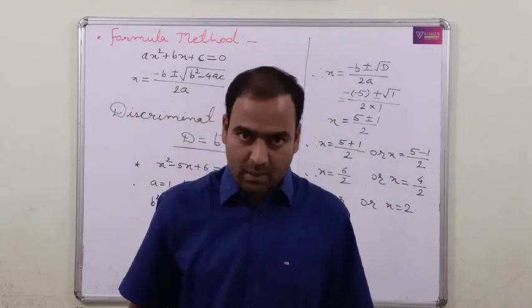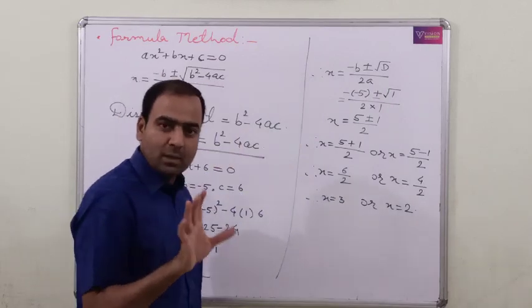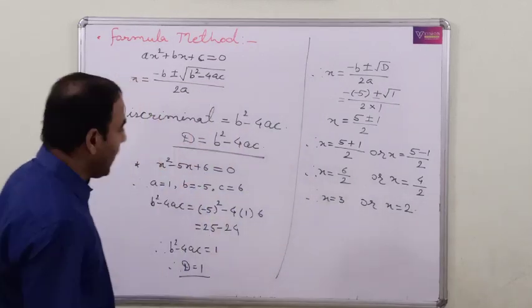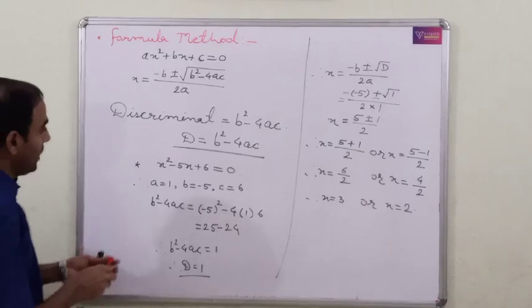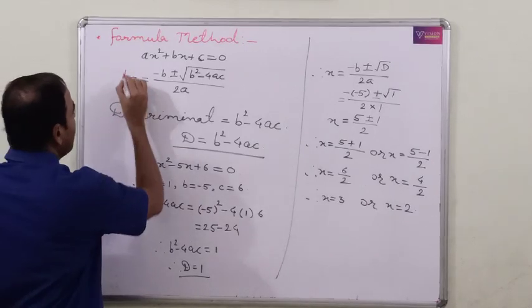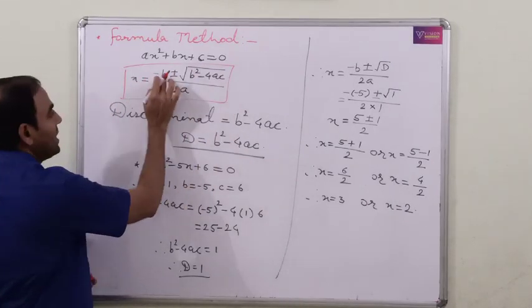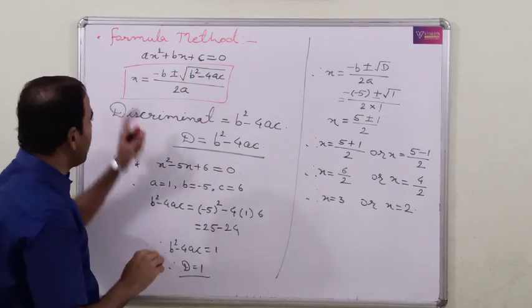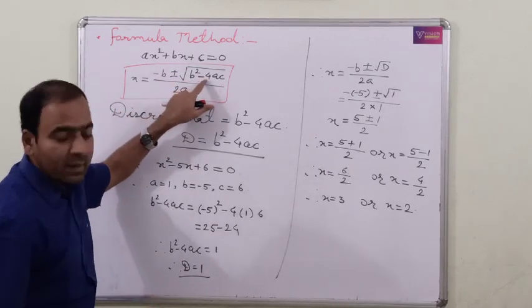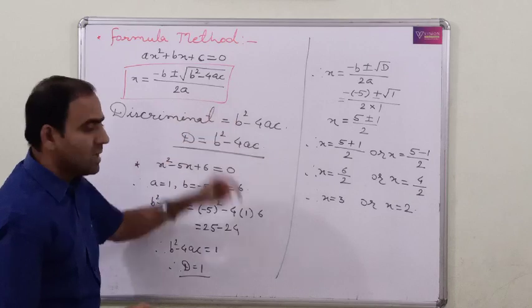given equation. So to find the solution of the given equation, हमें फार्मूला क्या यूज करना है? What is our formula? x is equal to minus b plus or minus under root b square minus 4ac upon 2a.